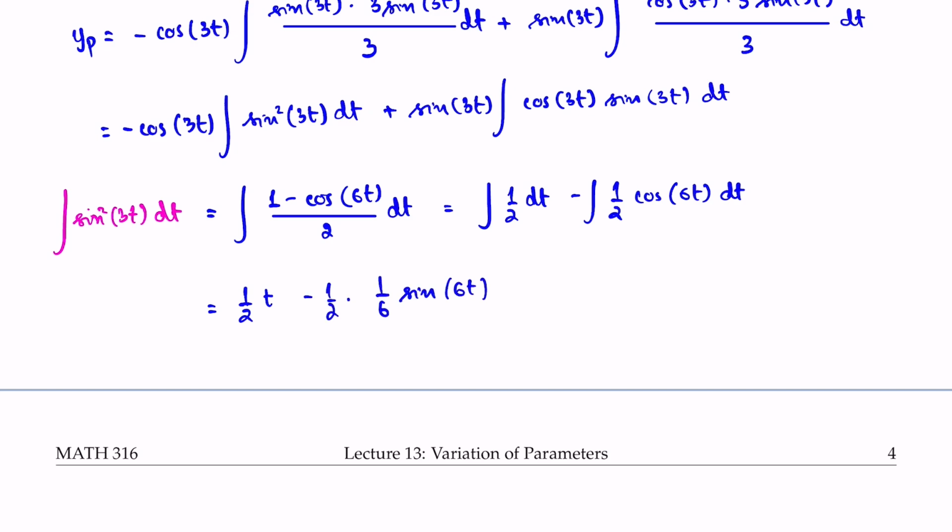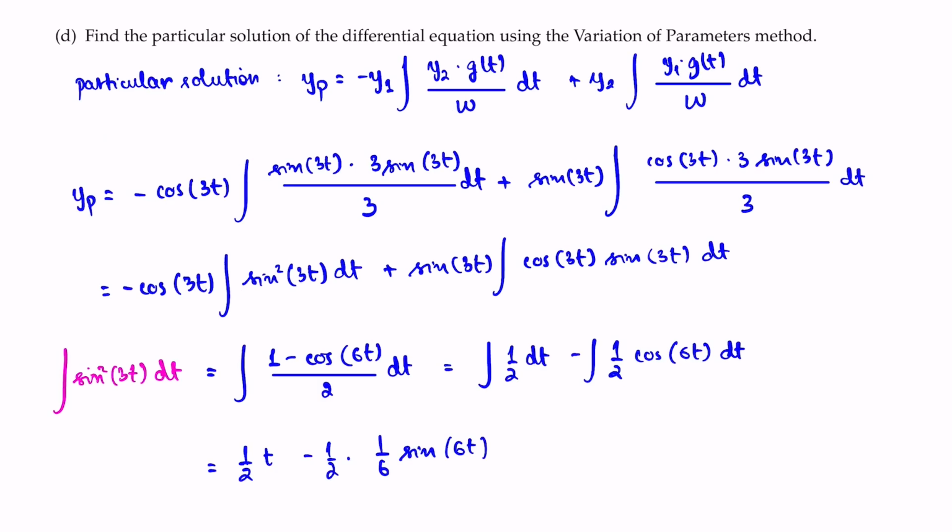As you see, I didn't include the plus c in the calculations, even though we are dealing with indefinite integrals. This is one of the places where you don't need the plus c for the indefinite integral, in addition to the integrating factor in first order differential equations. The reason is that when you plug the result back into the formula for the particular solution, you have the plus c constant multiplied with cosine of 3t and the constant multiplied with sine of 3t, which are the homogeneous solutions already.